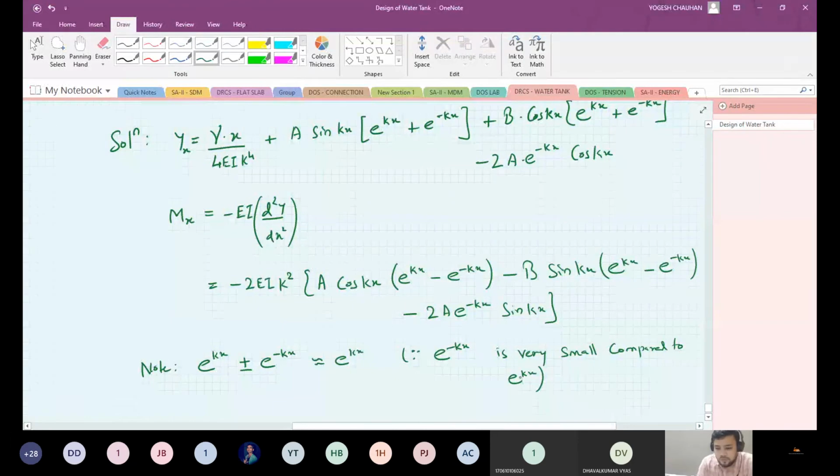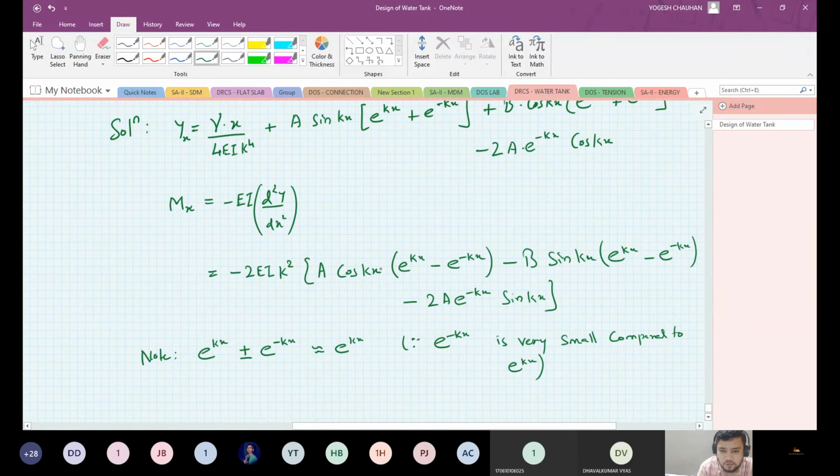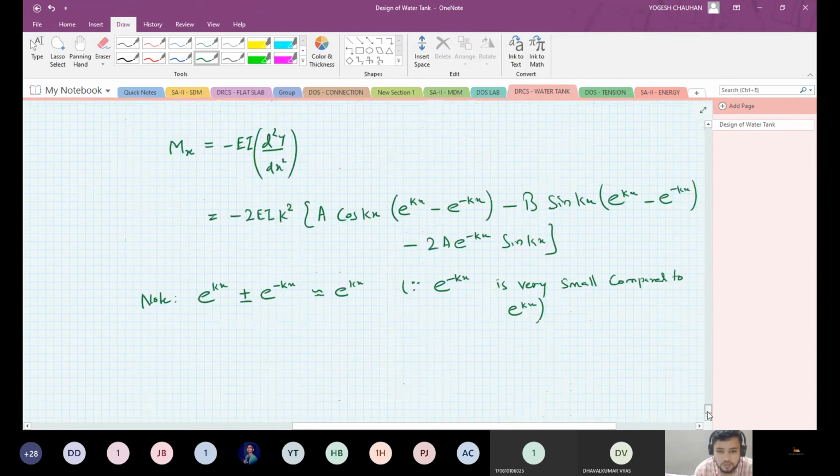Okay, so you can finally substitute this condition and the above conditions to get the solution.